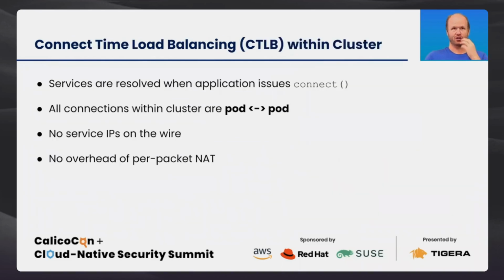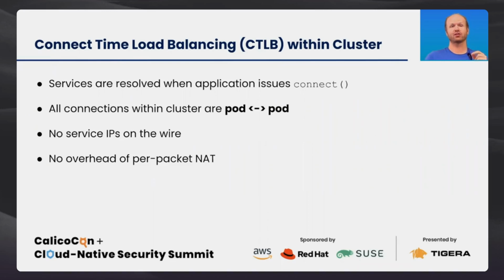We call the feature connect time load balancing. It's implemented by attaching a small eBPF program to a cgroup, which attaches it to every connect system call of your application. And those services may be resolved right at the connect time. So all you see on the network is pod-to-pod traffic.